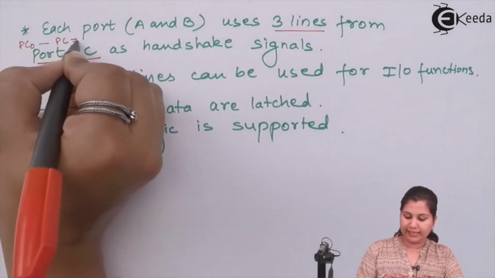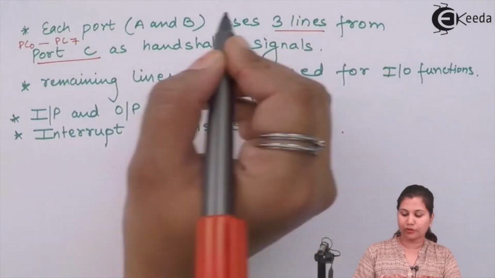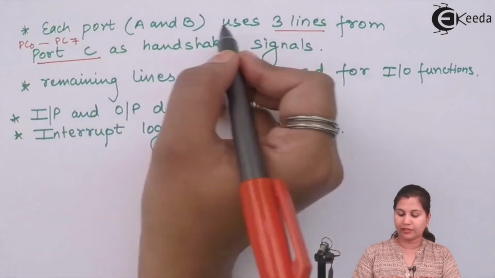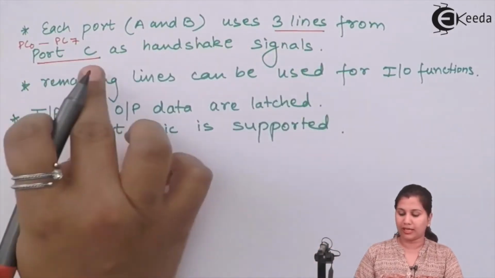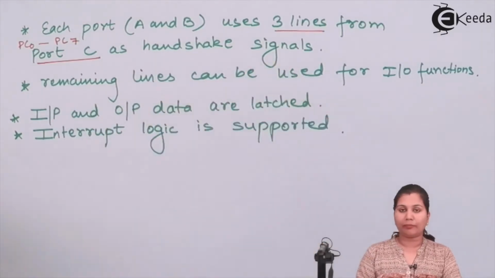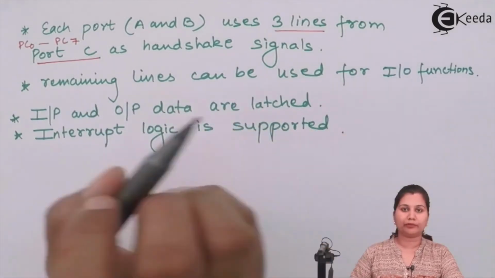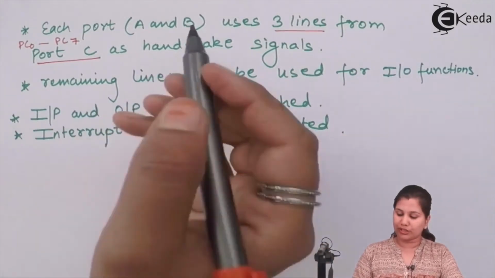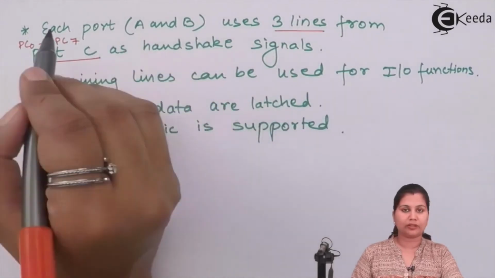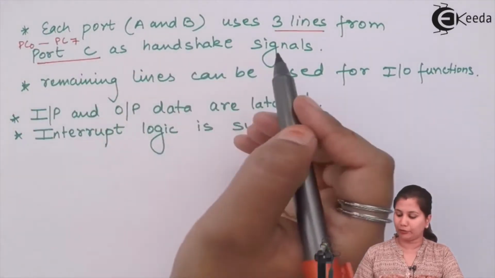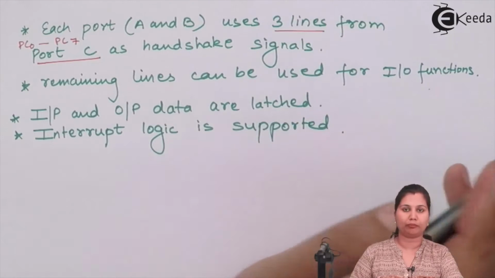Out of these 8 lines, 3 lines are used by port A and 3 lines are used by port B for the handshake signals. The remaining 2 lines can be used for input output functions.